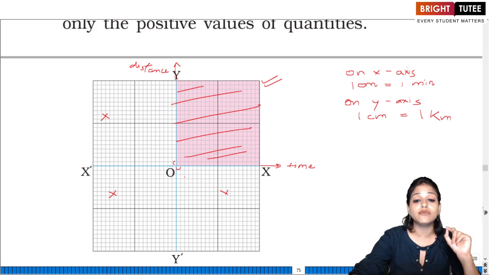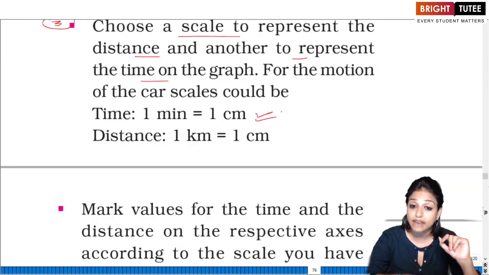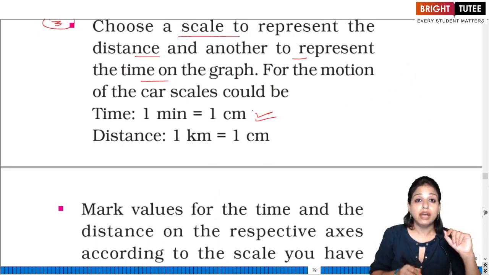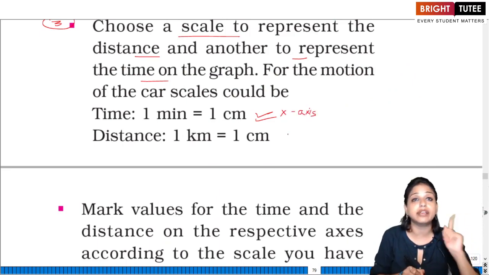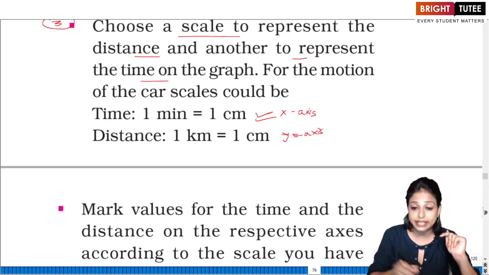Let's go forward and understand what other things we need to know for making the graph of the distance and the time for the motion of the car. So let's see here. We have taken the time on the x-axis to be 1 centimeter given as 1 minute, and the distance of 1 kilometer on the y-axis will be given as 1 centimeter.